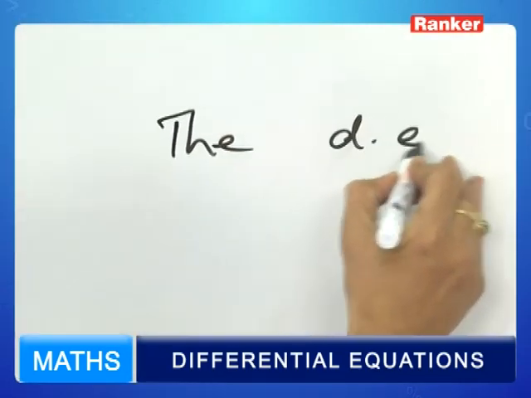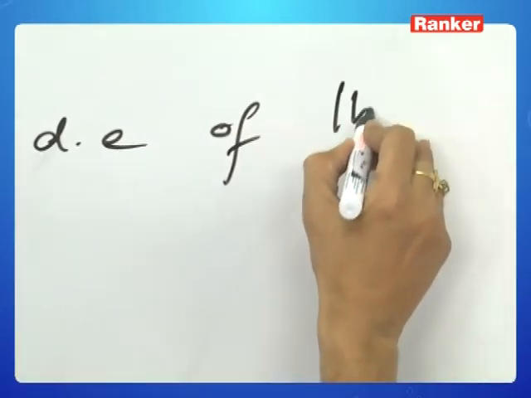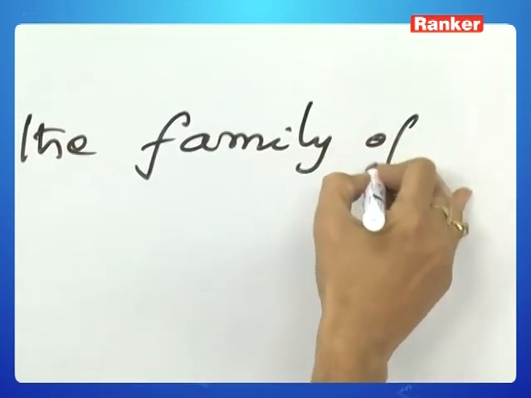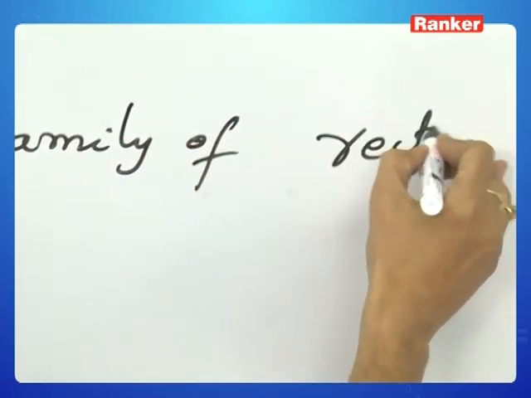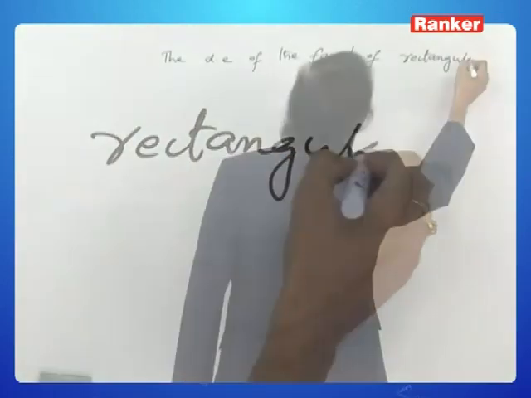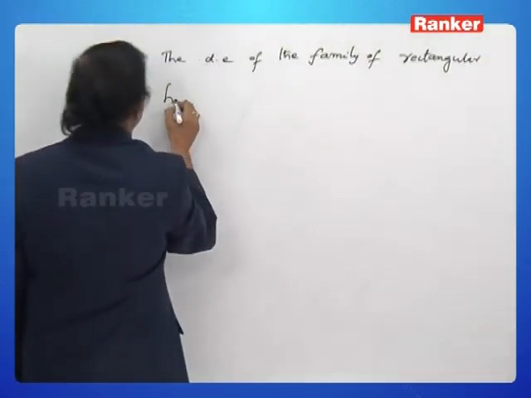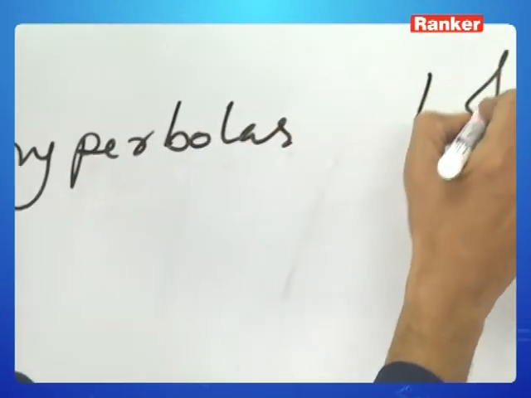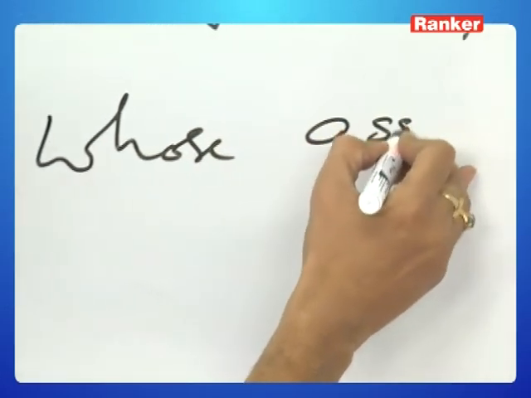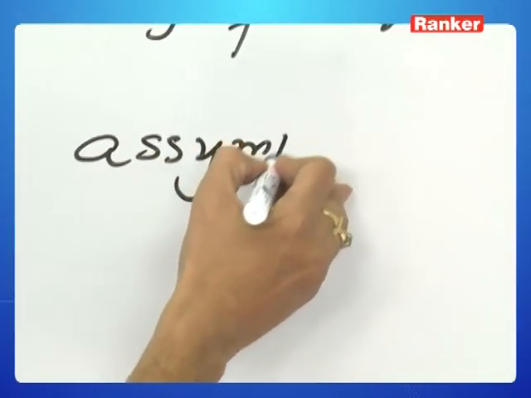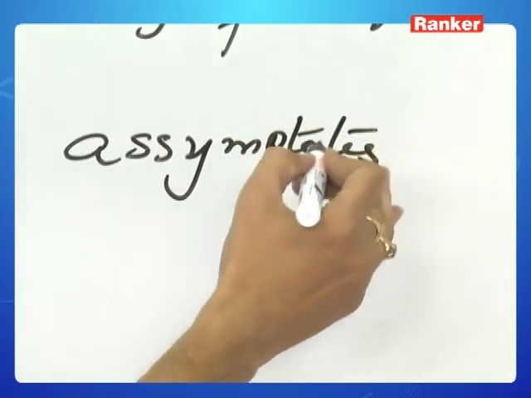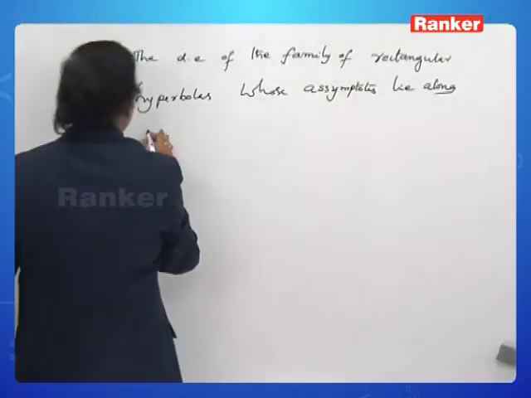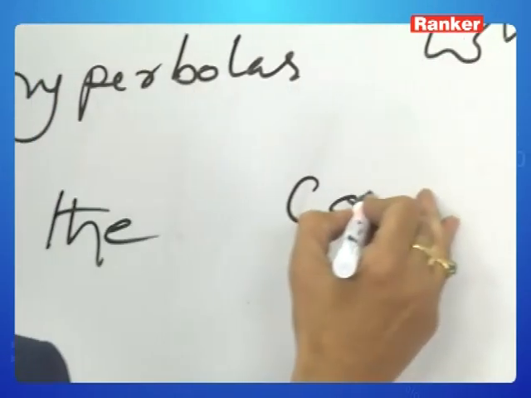The differential equation of the family of rectangular hyperbolas whose asymptotes lie along the coordinate axis.